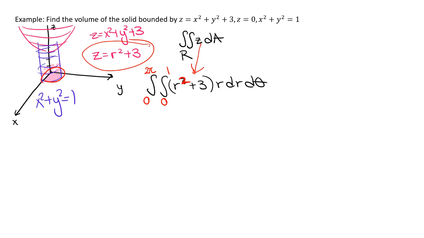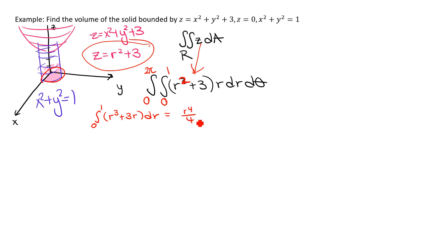So again, to find the volume, we integrate the height, the z value, over its projection in the xy plane. So I'm going to start with my inside integral, and when I do that, I'm going to distribute the r. So I have to integrate an r to the third plus 3r with respect to r.